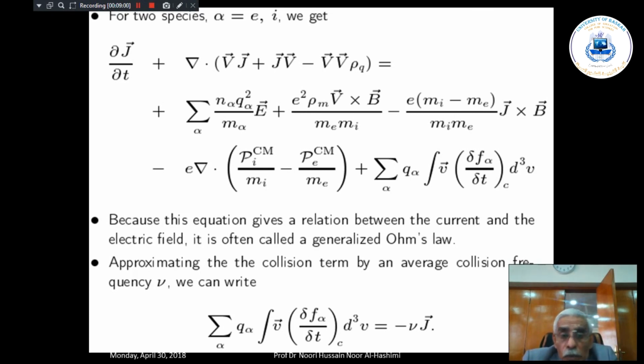Because this equation gives a relation between the current and the electric field, it is often called generalized Ohm's law. الصيغة المعممة إلى قانون أوم.